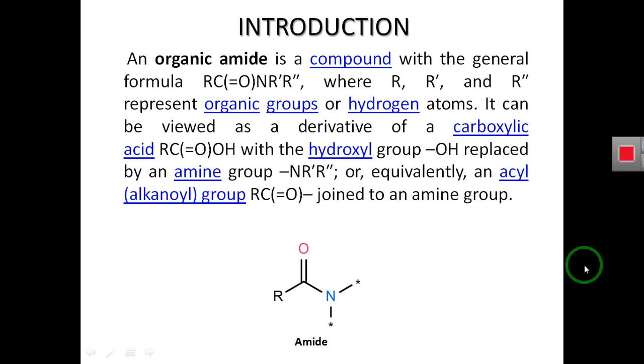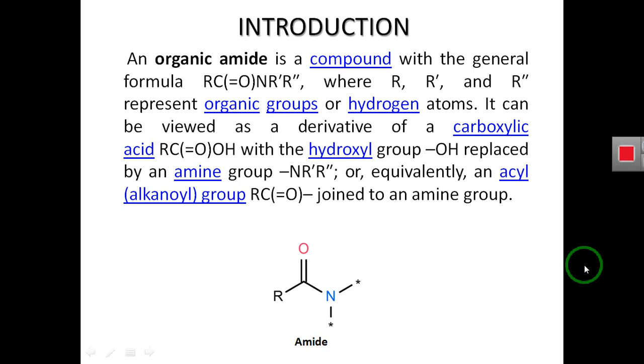And how are these derivatives formed? These derivatives are formed from the carboxylic acid when the hydroxyl group of carboxylic acid is replaced by the amine group. So what are derivatives? Derivatives are compounds that have some differences from the parent compound.